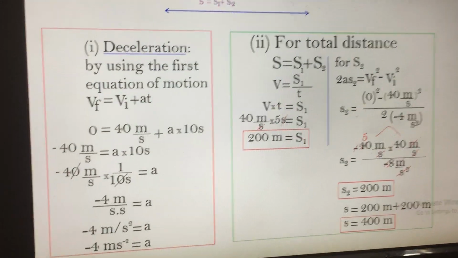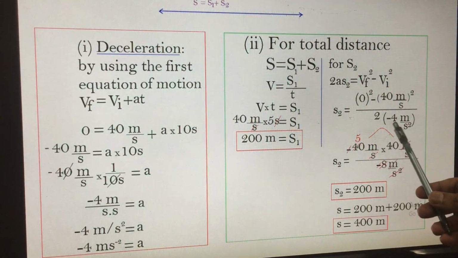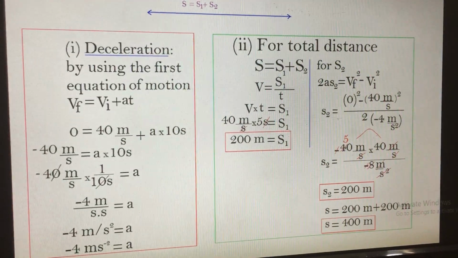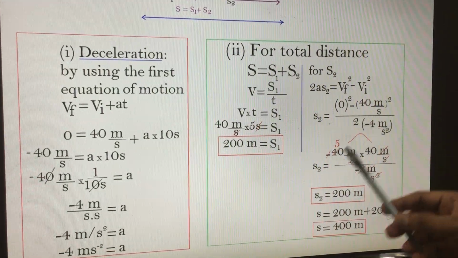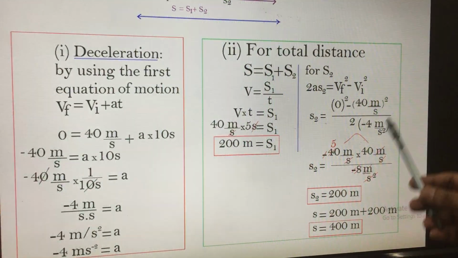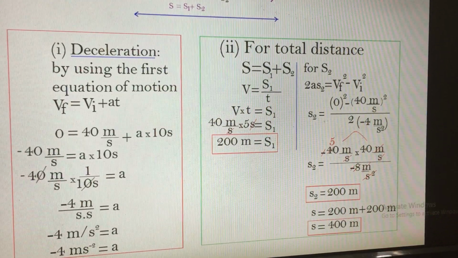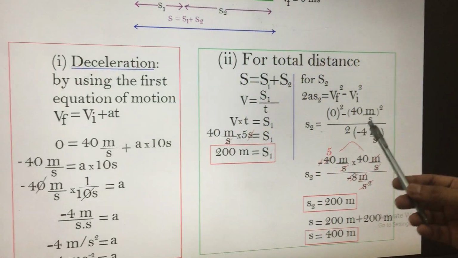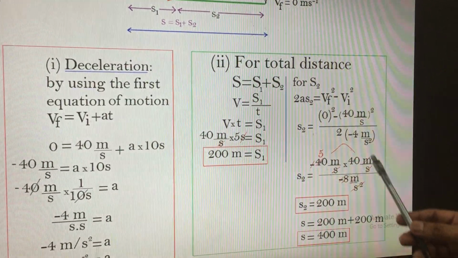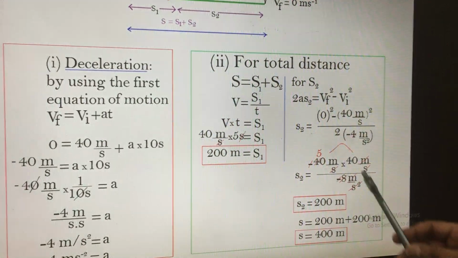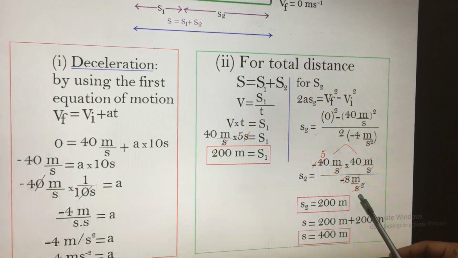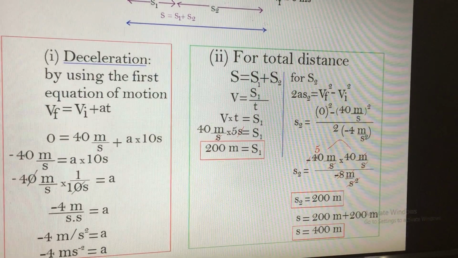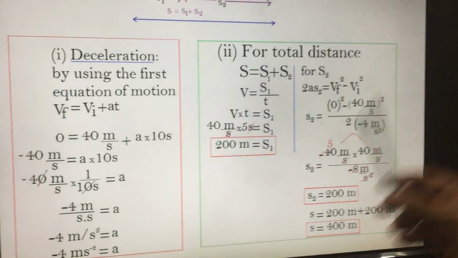Now you can easily see that this 4 multiplied by 2 gives minus 8, and minus over minus 8, there is nothing else, only minus 4. 40 meters per second squared means it is multiplied by itself two times. So 40 meters per second, 40 meters per second. Now the seconds cancel, the meter cancels, and the minus cancels. 8 cancels with 40, and 8 fives are 40.